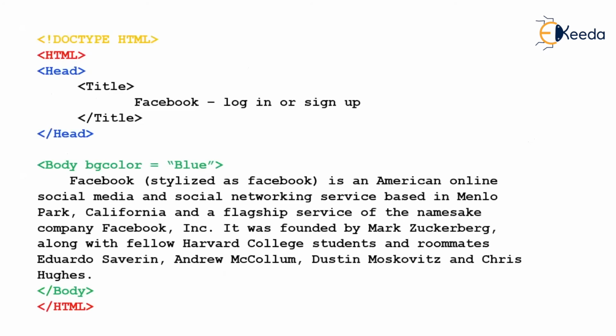Now let's have a look at this code. What is the change you can see? You can see the body is having something else. It is also saying bgcolor equal to blue. That means background color should be blue.